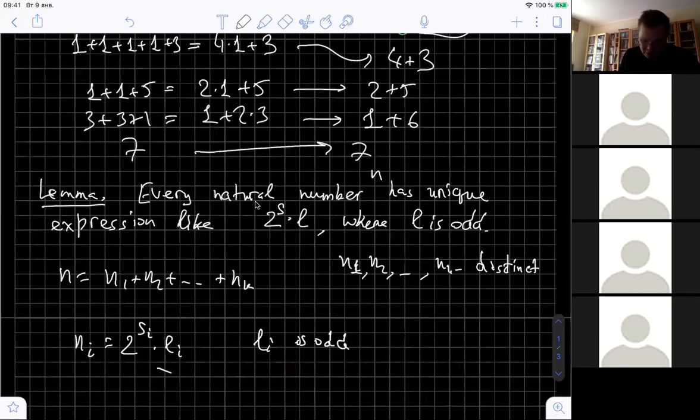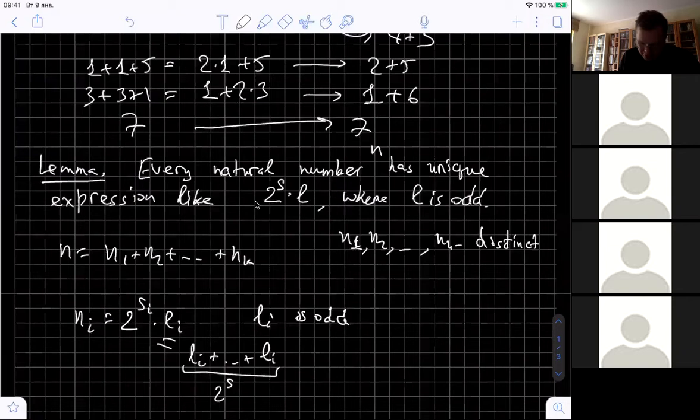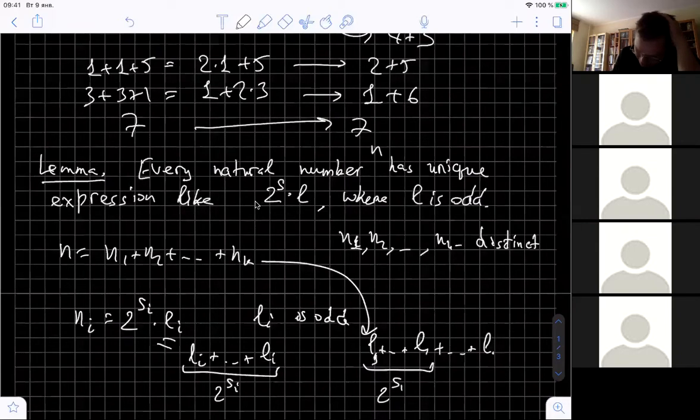And then I write this as a sum of these odd parts, repeated so many times that the sum will be equal to ni. So from here I will obtain L1 plus L1 times 2 to the power S1, plus etc., plus Li times 2 to the Si, and so on.